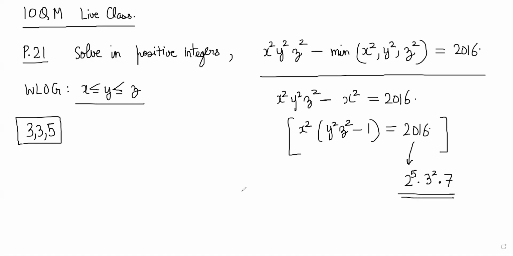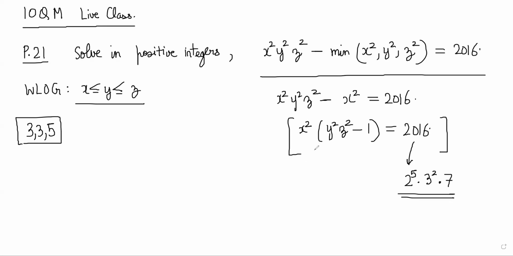Then after some hit and trial, I got 3 square as x square. I assumed x to be the minimum, and I checked all the cases for the 2 and I didn't find any solution. Then I put x square is equal to 3 square, and from there I got y square z square minus 1 is equal to 224. So from there we got y square z square is equal to 225.